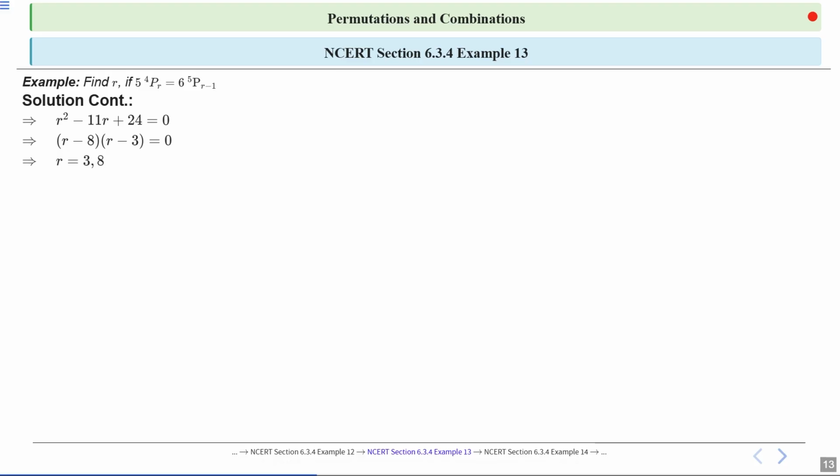It implies r is equal to 3, 8. In nPr, which is equal to n factorial upon (n minus r) factorial, n is greater than or equal to r. Therefore, r is equal to 3. So the final answer is r is equal to 3. I hope this example is clear to all of you.